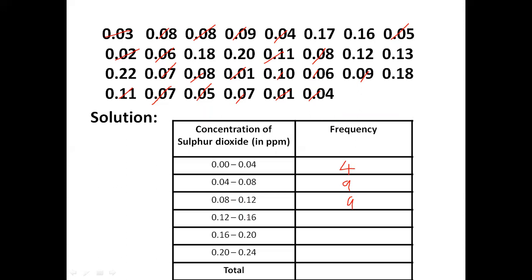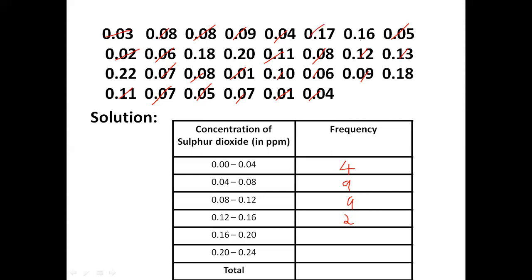Now 0.12 to 0.16. This is also bigger, 0.16, so I can't consider 0.16 over here. I can say 1 and 2. So there are only two numbers. Then 0.16 to 0.20.